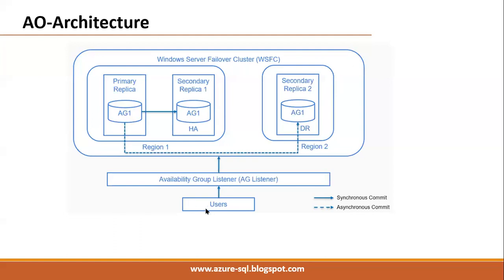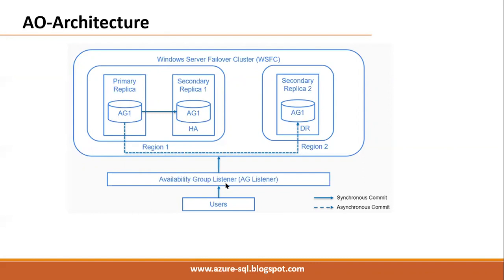Here, applications or users are connected through the listener link. This is your availability group listener. We can configure the listener, and this listener is created in the domain controller, the Windows server Active Directory server. While connecting, we mention the listener name slash group name.